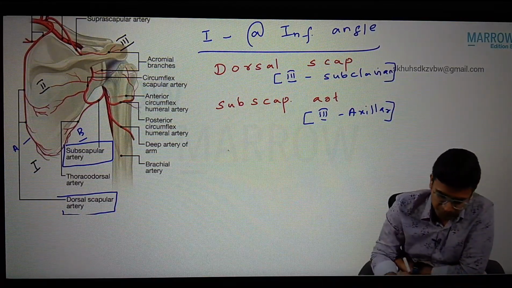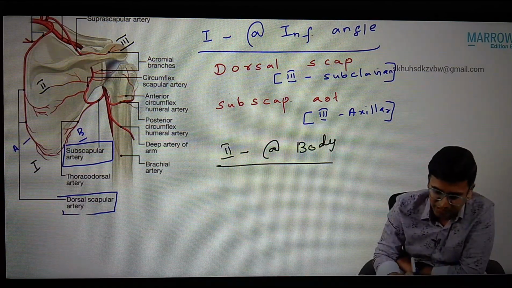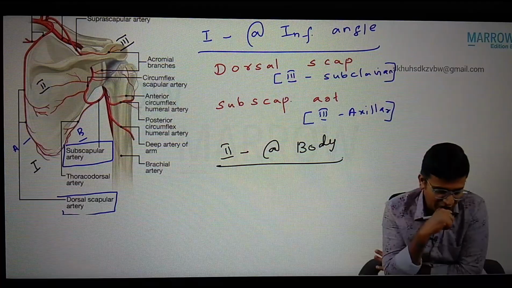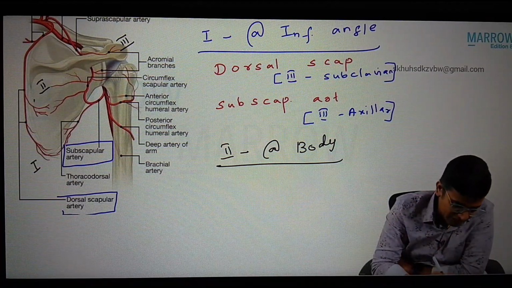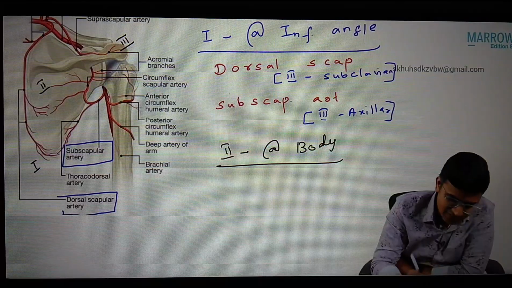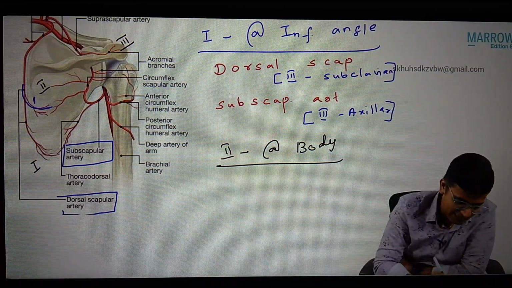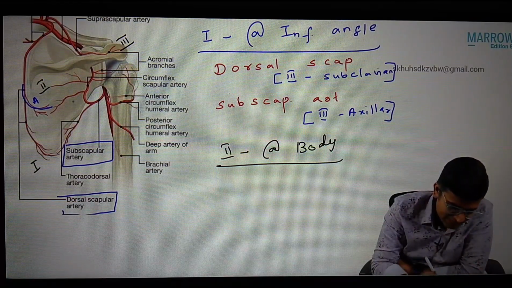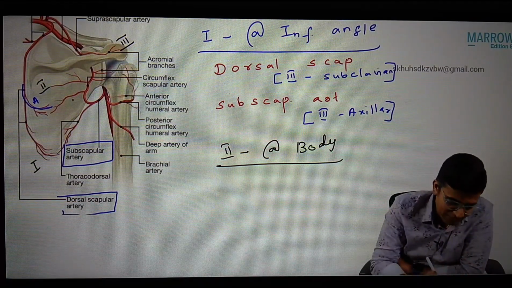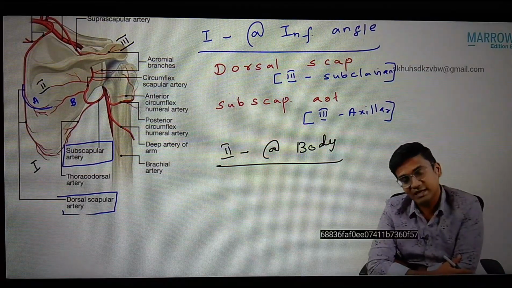Next, number 2, anastomosis at the body of the scapula. Here 3 vessels are involved. Can you see this vessel here? That is our dorsal scapular artery, marked as A. The subscapular artery gives this branch that winds around the scapula and gives a contribution, the circumflex scapular.